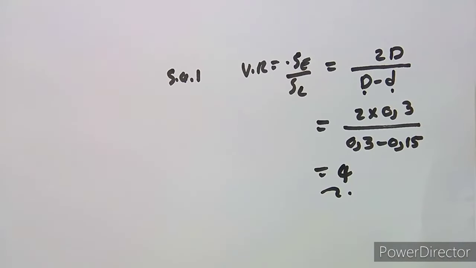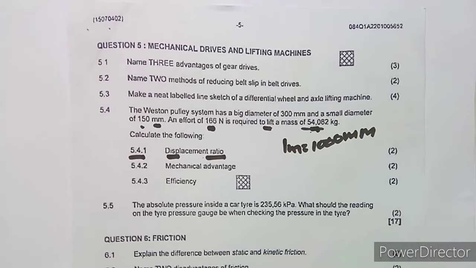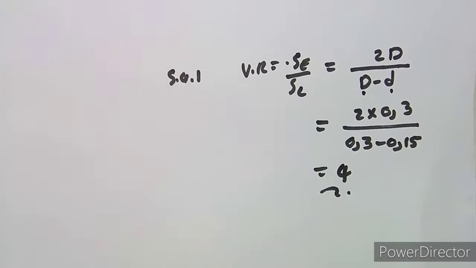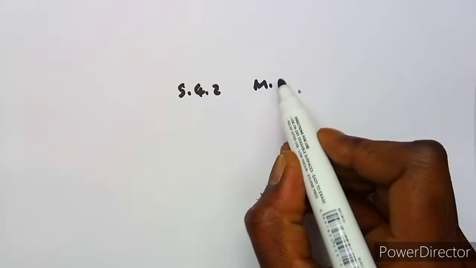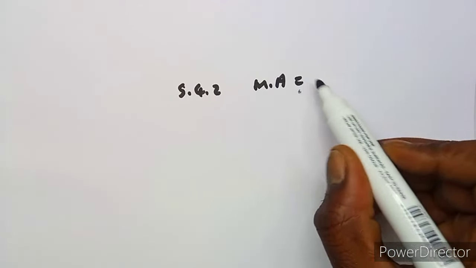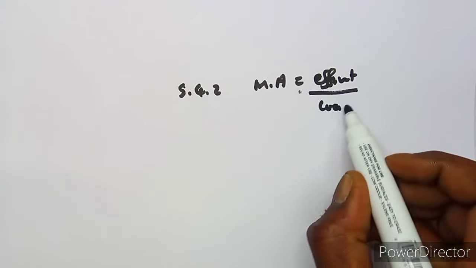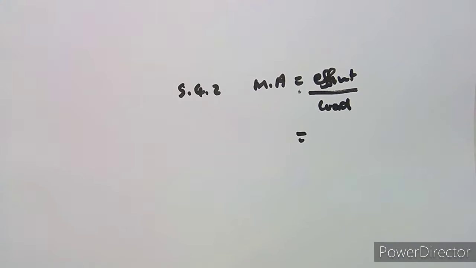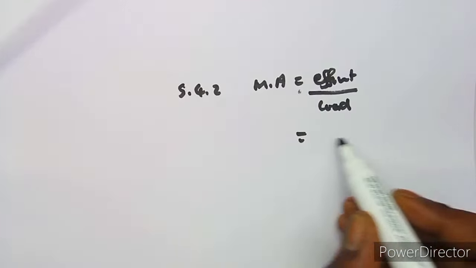All right, another question was to calculate the mechanical advantage, and there's 2 marks for that. So I'm going to keep this aside. Remember that mechanical advantage is equivalent to the effort over the load. Our effort, we have it from the information that we listed: 166 Newton.